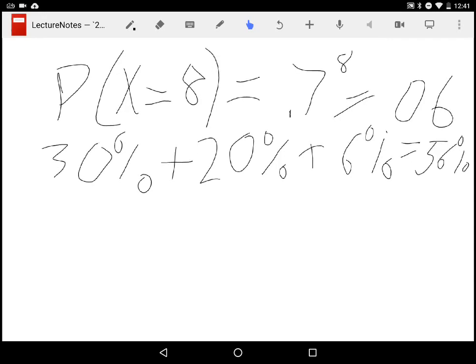So to summarize what we've been doing, we use the equation that I'll call, let's see, so again, it's the number of successes over the total.